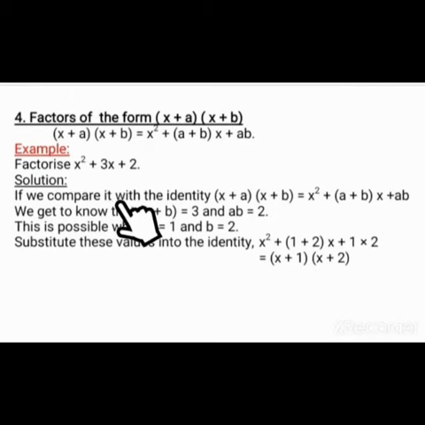If we compare it with the identity (x plus a)(x plus b) equal to x square plus (a plus b)x plus ab, here a plus b equal to 3 and ab equal to 2. So this is possible when a equal to 1 and b equal to 2. Substitute these values into the identity: x square plus (1 plus 2)x plus 1 multiplied by 2. So (x plus 1)(x plus 2).